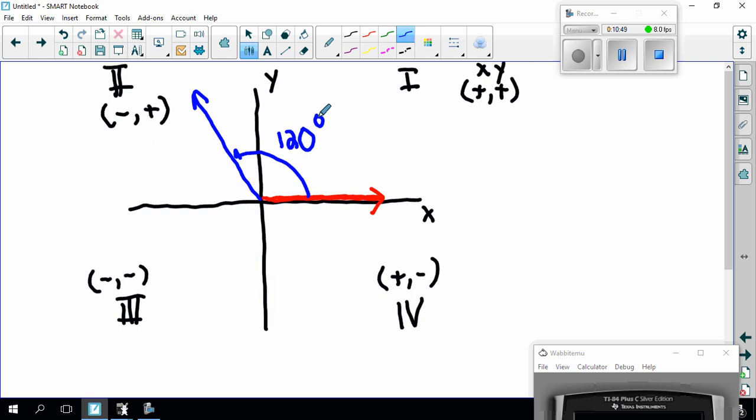Now, an angle is said to be coterminal if it shares the terminal side. So I'm going to use 3 equal signs to mean almost equal, because they're really not equal. They're just coterminal. So if you measure clockwise, which is in reverse, this is a negative 240 degrees. So it's equivalent to negative 240, but really I mean coterminal.